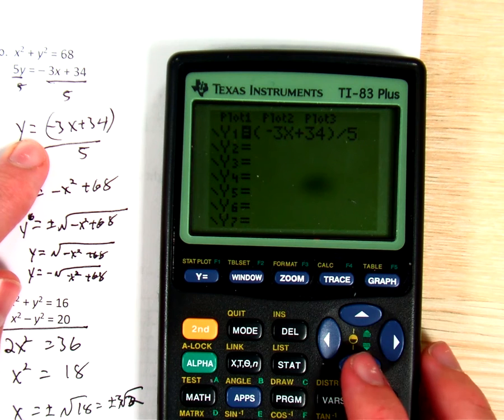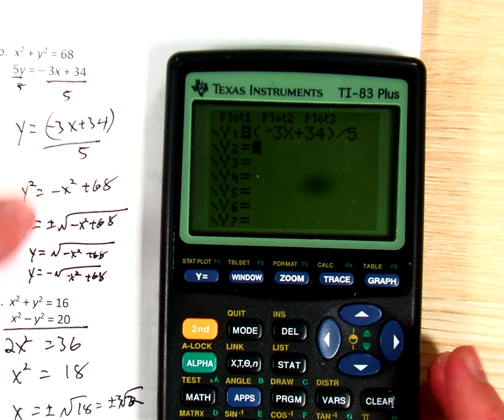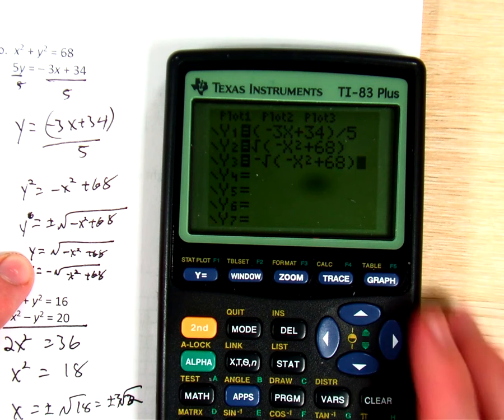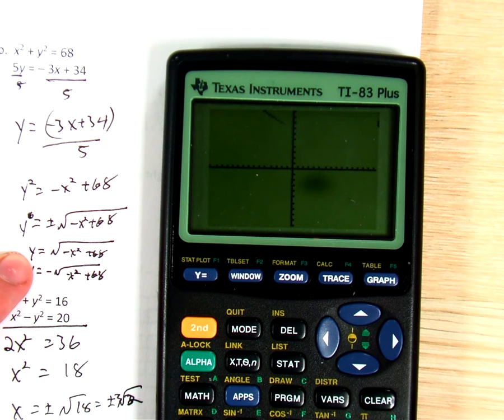Saves us from having to mess around with the decimals. Okay, positive square root of negative x squared plus 68. And we want the negative square root of negative x squared plus 68. Graph.